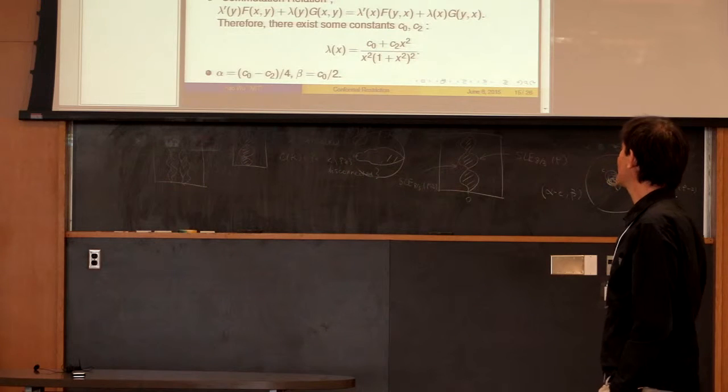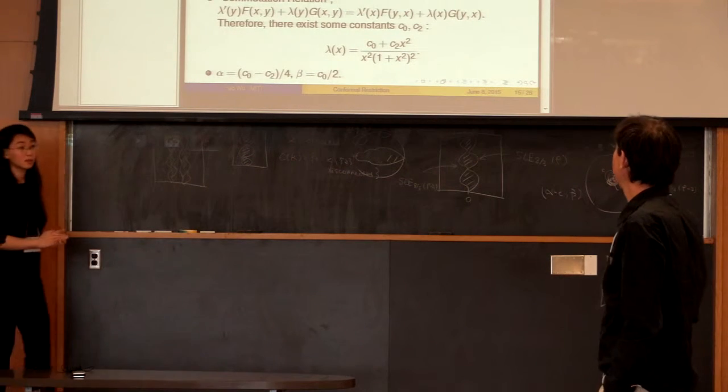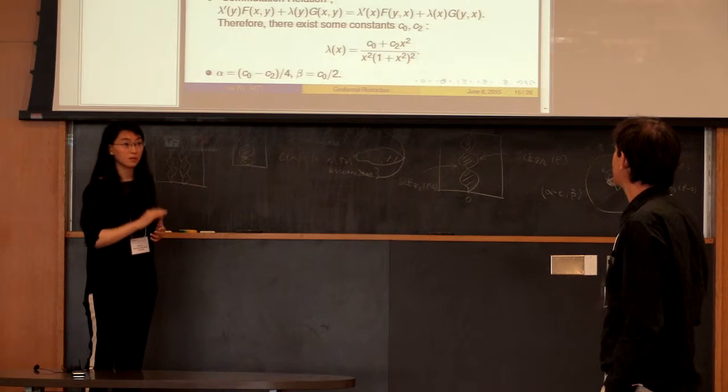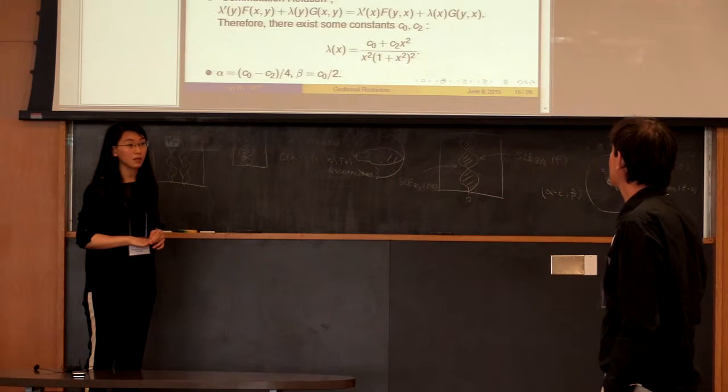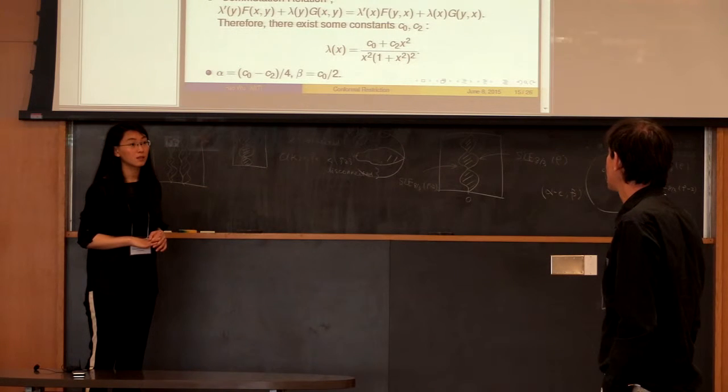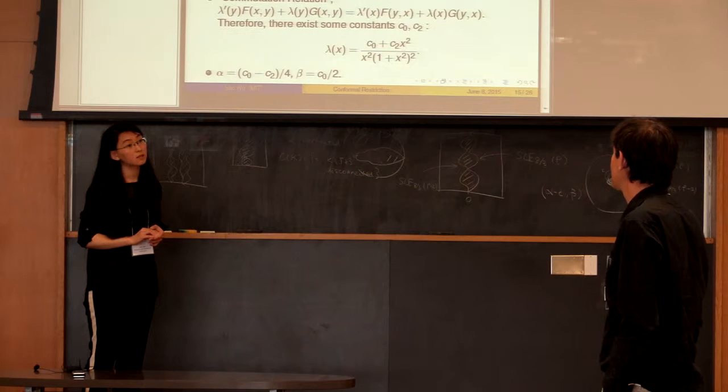I have actually a question. So in the chordal case, there is a scaling restriction, and the exponent of the scaling parameter is 1. Could you imagine having a scaling parameter of any order?